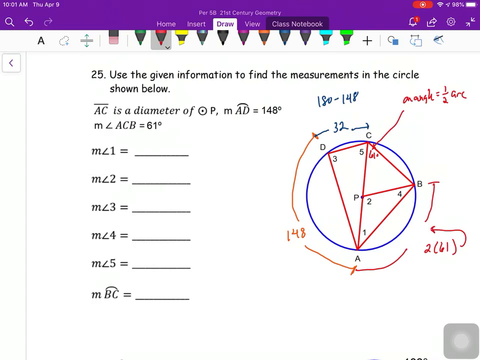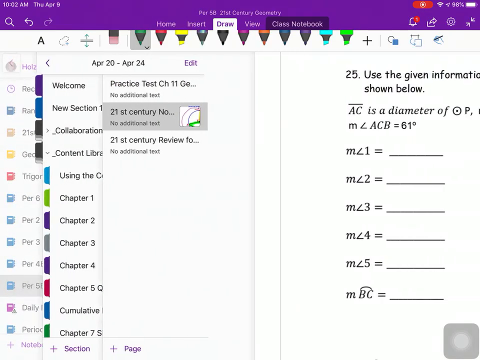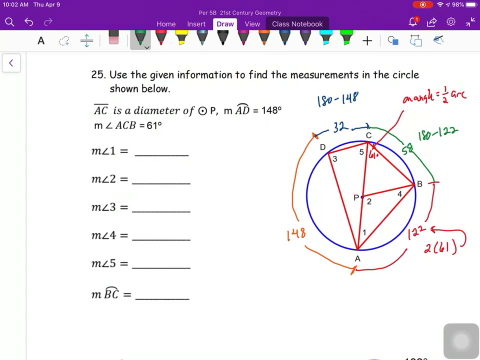So I think that means we can get this arc out here by taking 2 times 61. 2 times 61, 122. Okay? And then I think we can get this arc right here. We'll take 180 minus 122, and we get 58.